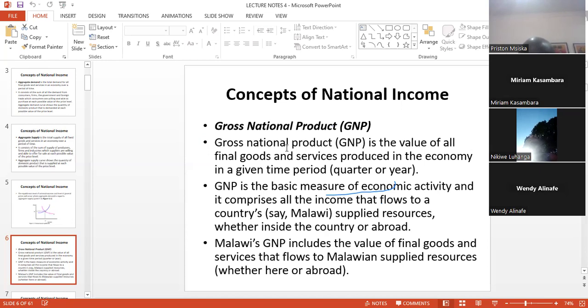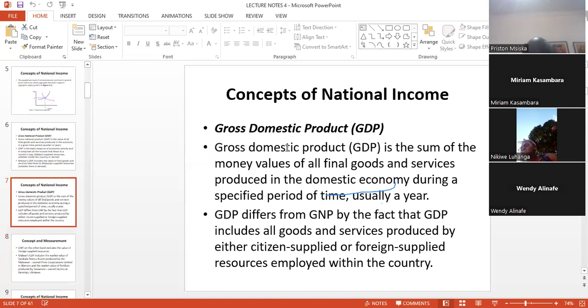And we don't care whether the monies, the capital, are not owned by Malawians. So that is gross domestic product. So basically, gross domestic product refers to all the output that has been produced in our country within the borders of Malawi, regardless of who owns those factors of production.